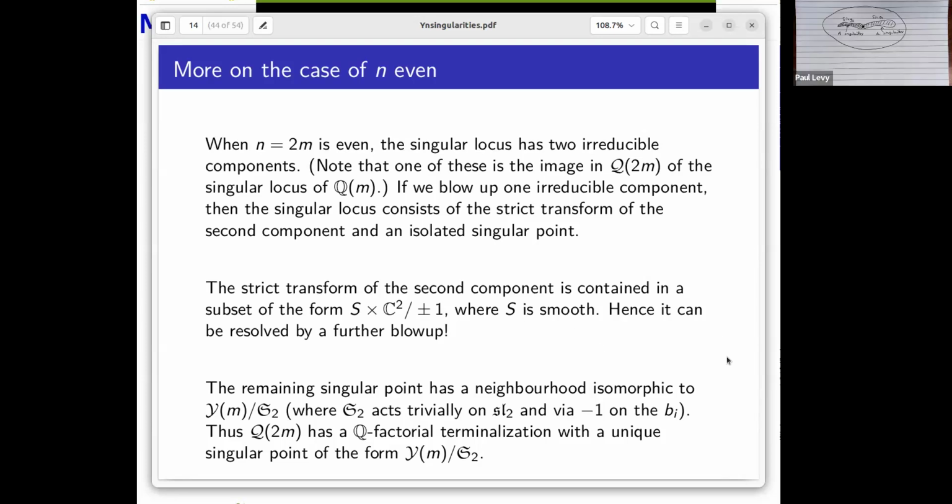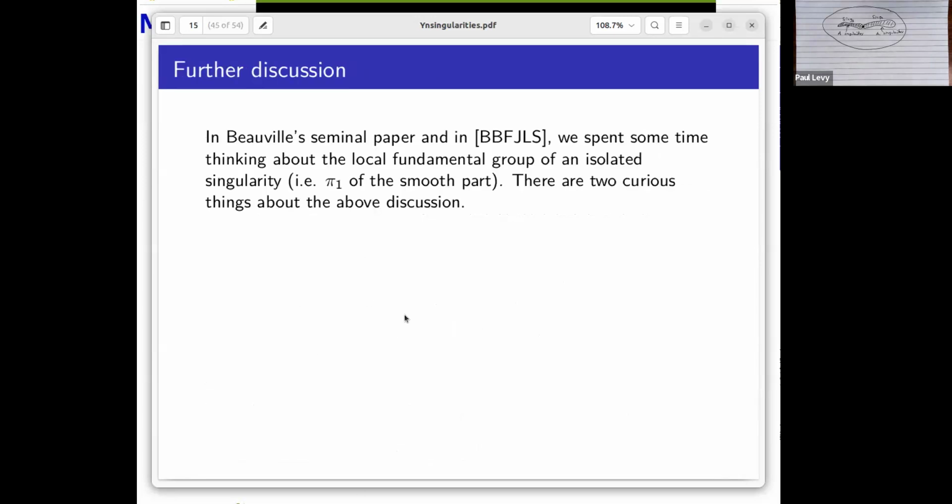And so I know one special case where I can show whether that is true. Okay, so I'll draw some graphs in a minute that explain maybe a little bit about what's going on there. But one thing to point out is that in Beauville's paper, he looks at local fundamental group.